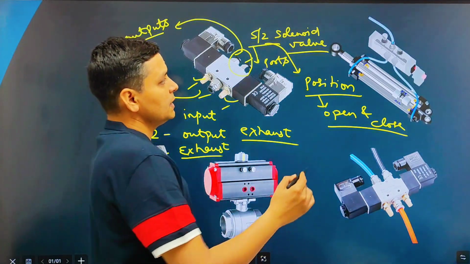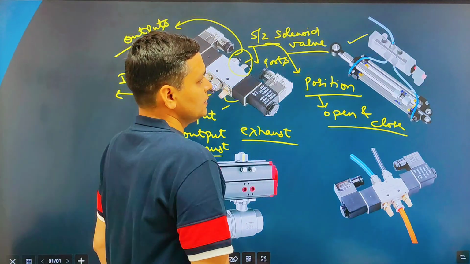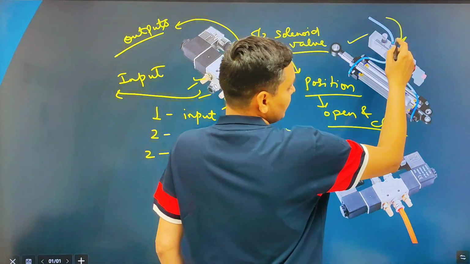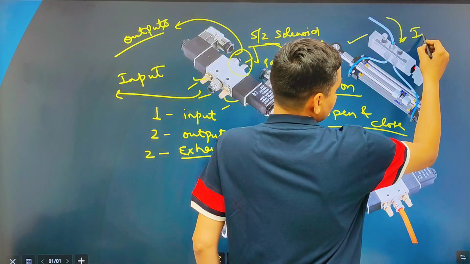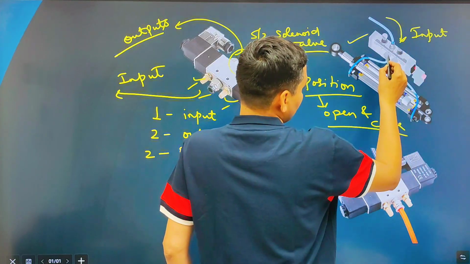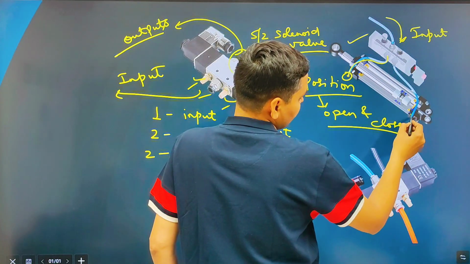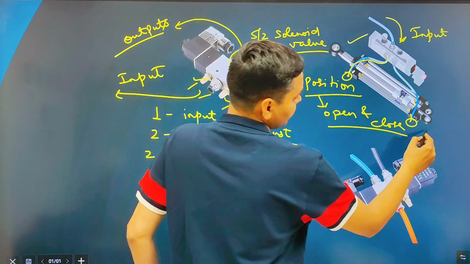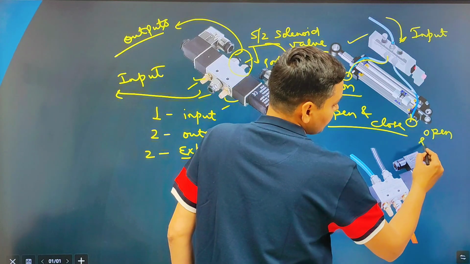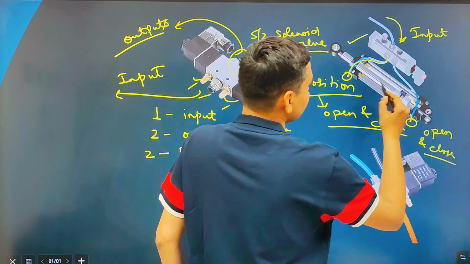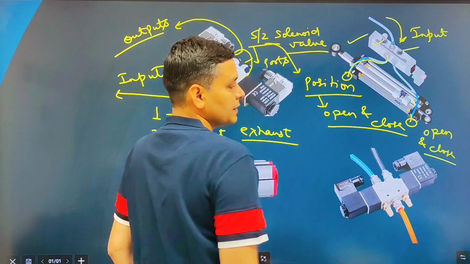Okay, now the connection will be like this. Here it is input. 2 outputs are connected at different ports to open and close the cylinder, and 2 exhausts are present.